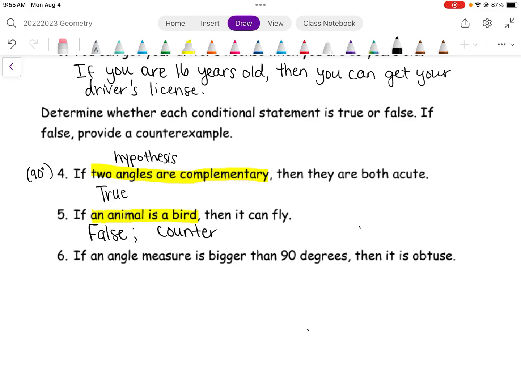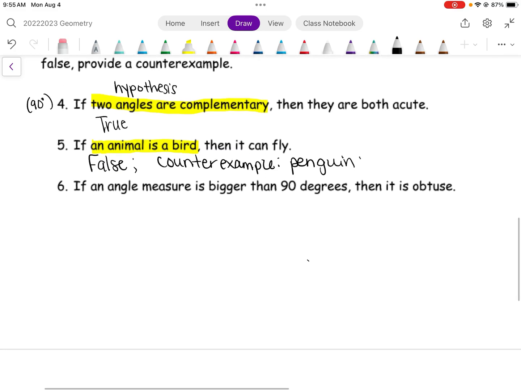My counterexample is going to be a penguin. Anything that is a bird that doesn't fly would be a counterexample. I'm going to put penguin. I guess you could also put, what's another one? An ostrich. I don't think an ostrich flies. Chickens, I don't know. Do chickens fly? Chickens could be a counterexample. I know some people say they fly a little bit.